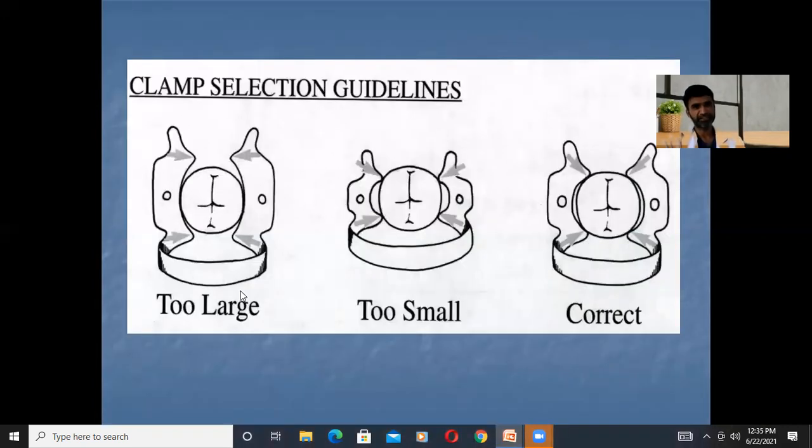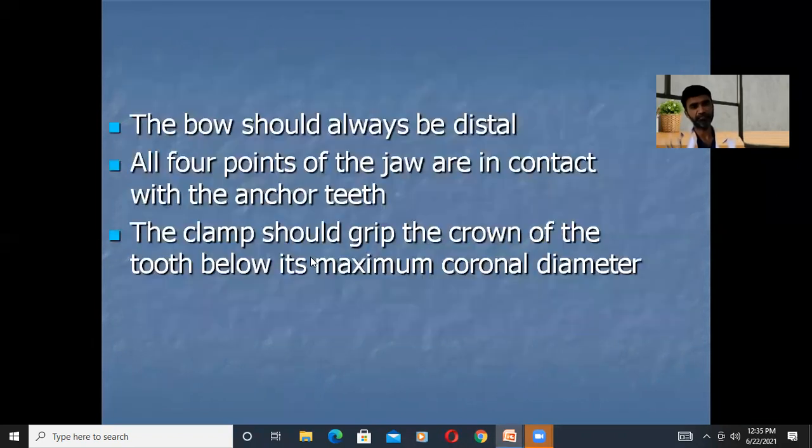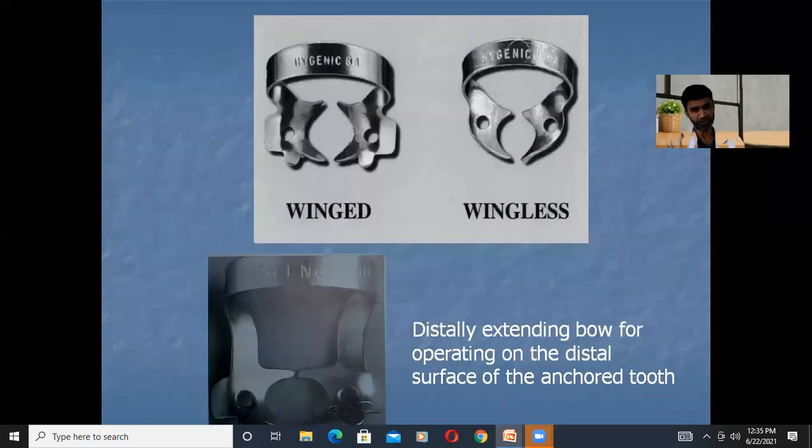These are the clamp selection guidelines. The arrangement we place has to fit across the tooth properly, and there should not be any space. The bow should always be distal. All 4 points of the jaw are in contact with the anchor tooth. The clamp should grip the crown of the tooth below its maximum coronal diameter.